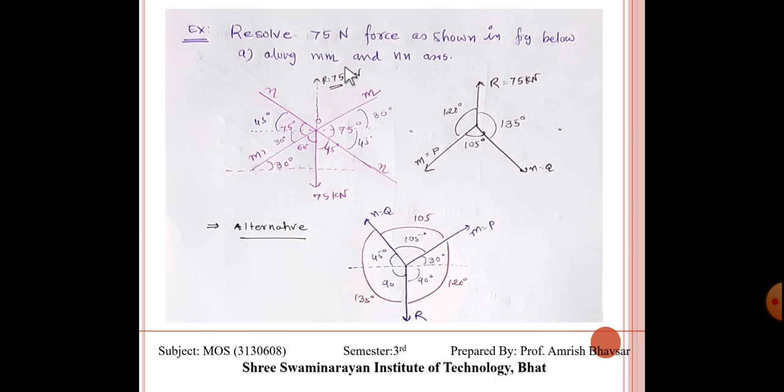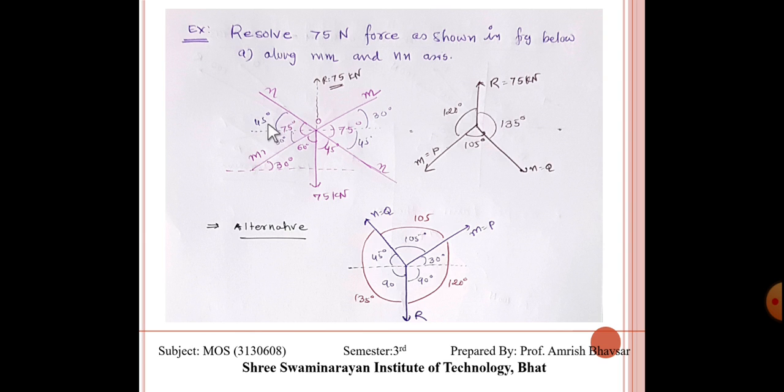Somewhere over here we can calculate this angle as per our rule. So, what will we get? This is our P, this is Q, and this is R. So, these are our angles. Now, from this we can calculate: this is 45, then this is 45.